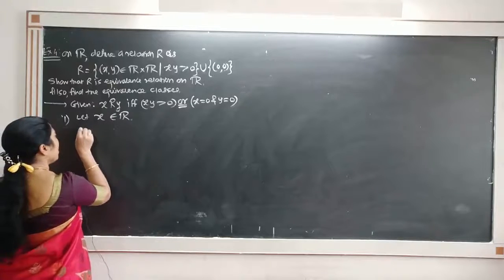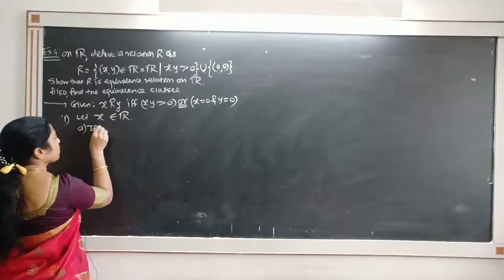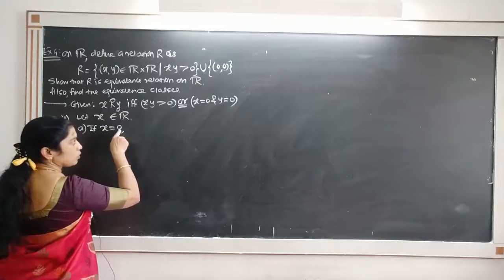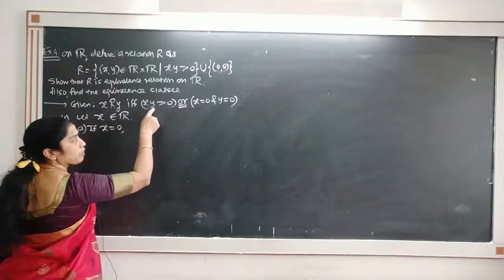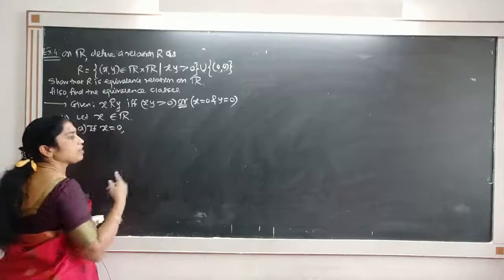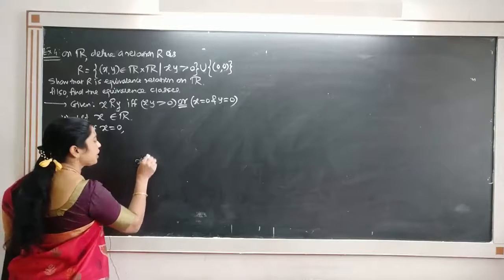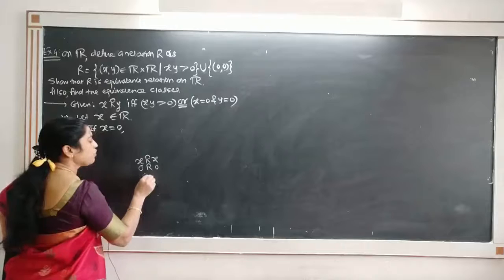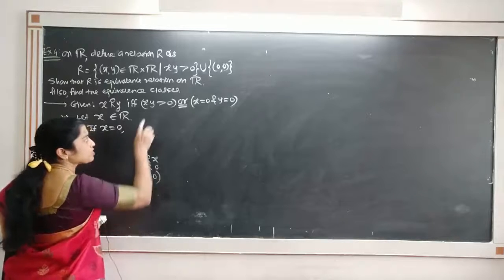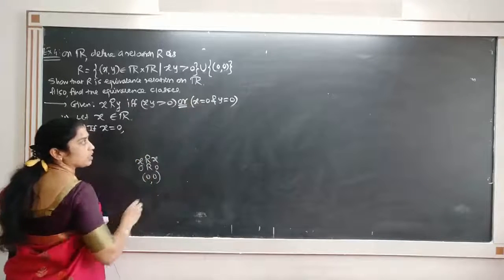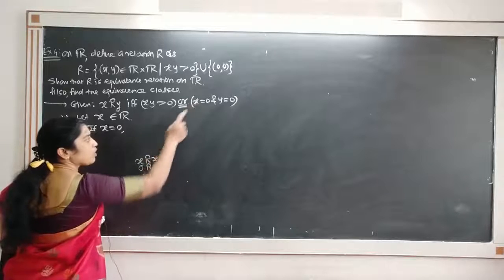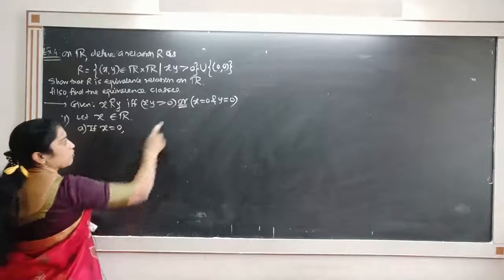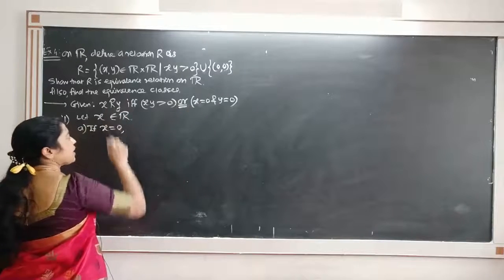The first one, if x is equal to 0, we want to check whether 0 is related with 0. It is related if either the product is greater than 0 or this condition is satisfied. But x is 0 and y is 0, so this condition is satisfied.